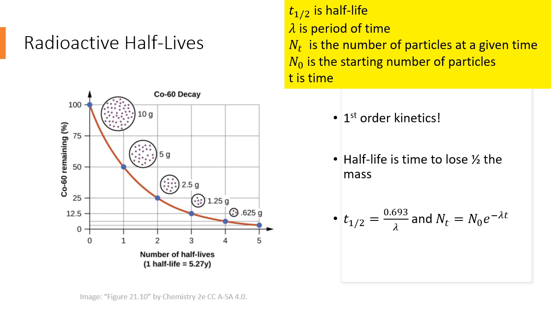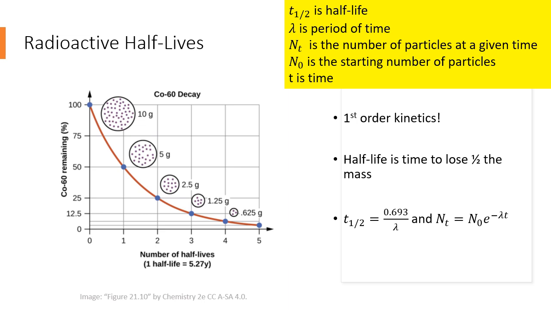Anyway, so for a first order reaction, T1/2 is equal to natural log of 2, or 0.693, over lambda. Lambda is the radioactive decay constant. It's also related via N of t, the number of things at any given time, which is equal to N naught, N at 0, so how much you started with, times e to the negative decay constant times time.